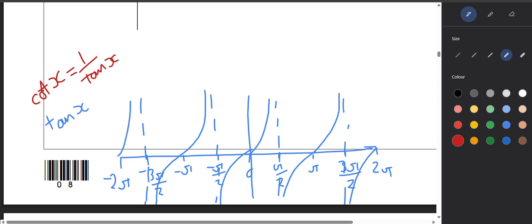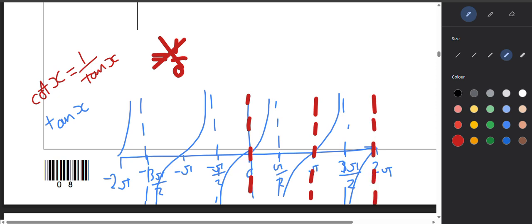Well, that would effectively be 1 divided by 0, which we know is not a thing, doesn't exist. So that means our asymptotes are going to be when tan x is 0. So we're going to have asymptotes here, here. So it's still intervals of pi, but this time it's at 0, pi, 2 pi. So we've shifted where the asymptote is.